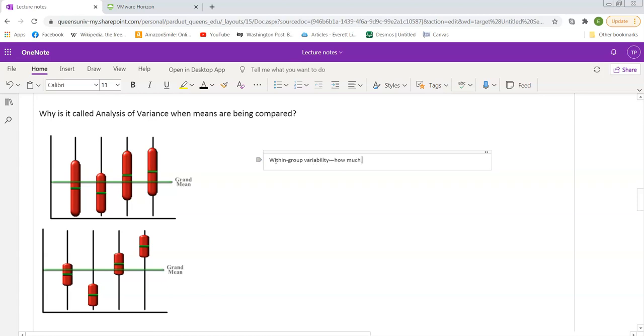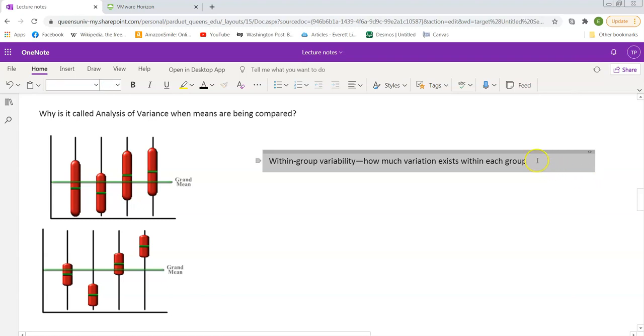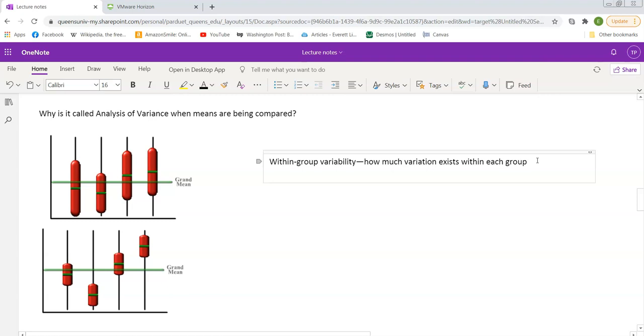This is how much variation exists within each group. This is how wide each group is. And then there's this other kind of variability called between group variability. And that's how far apart the groups are from each other.